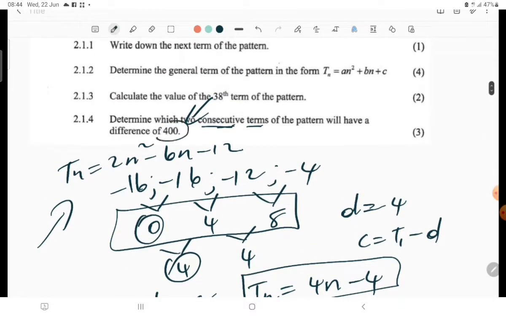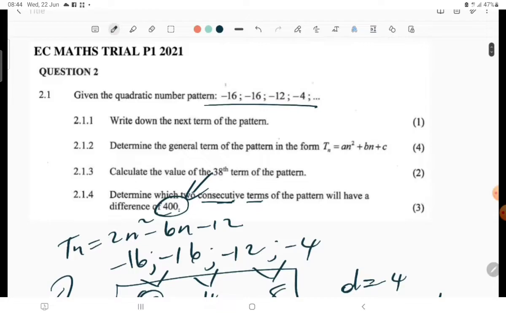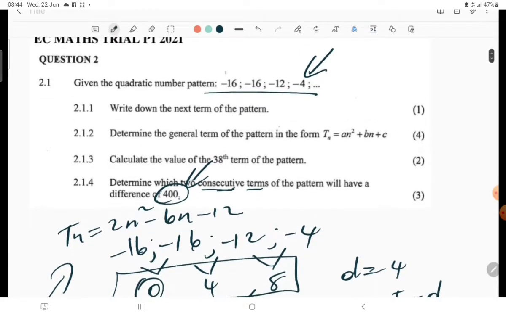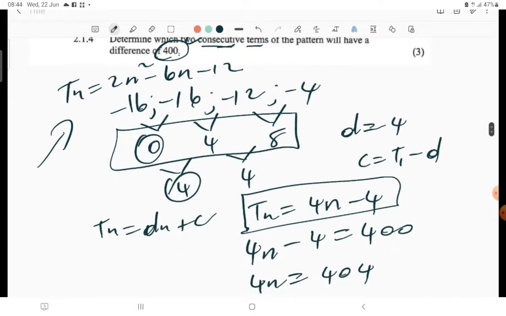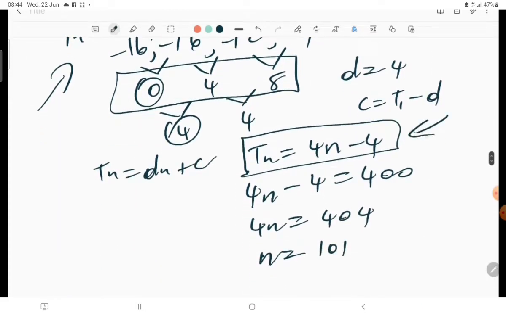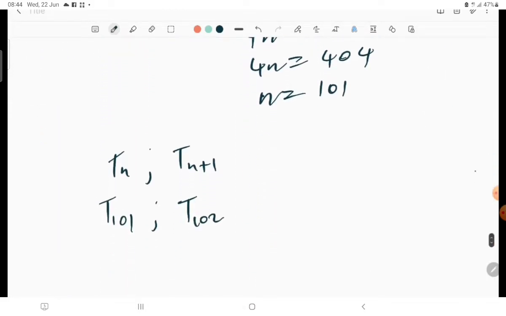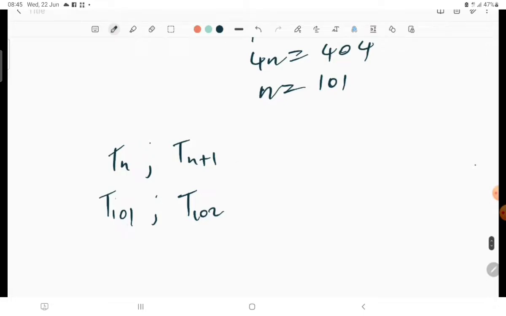We cannot equate this 400 to the actual general formula for the quadratic, because the quadratic itself is not the difference of itself. The difference of the quadratic is the linear, of which we have determined its equation. So now we have to substitute these 101 and 102 in our quadratic to find the actual terms that have this difference of 400.